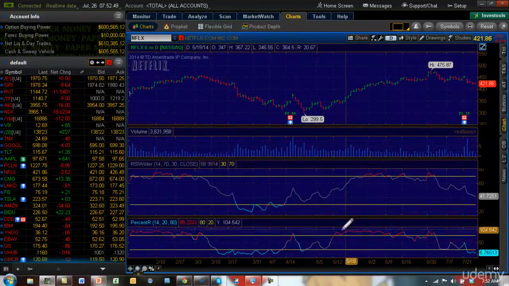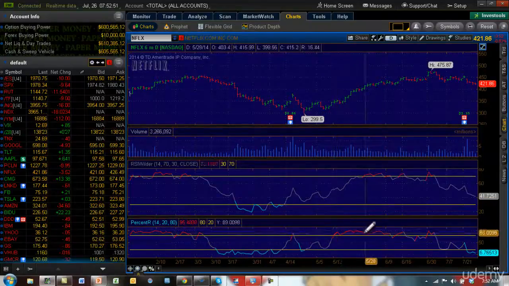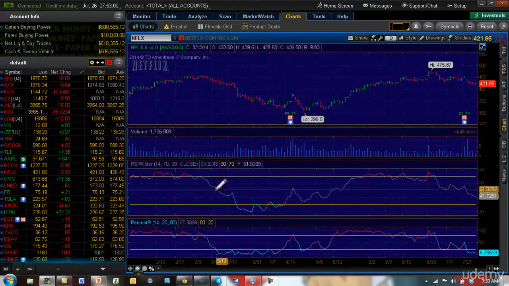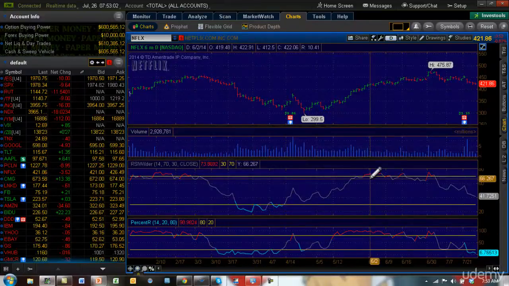So the big difference between the two is that with the percent R, if it remains in overbought, it's telling you the stock is actually in a bullish sentiment, whereas the RSI, typically you look at it as a reversal signal.